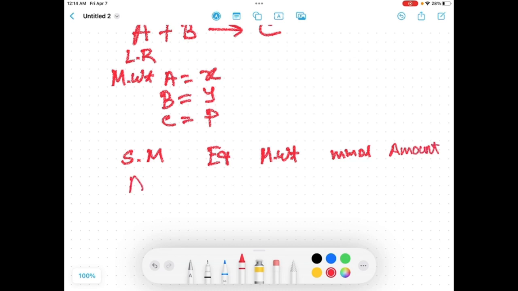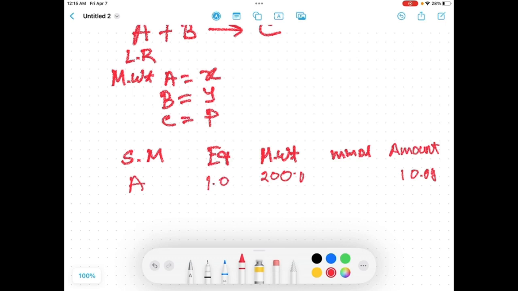So starting material A, if we want to take 10 gram, so 10,000 milligram, and suppose formula weight is 200, and we are going to use one equivalent.